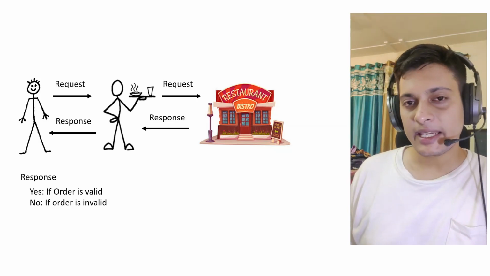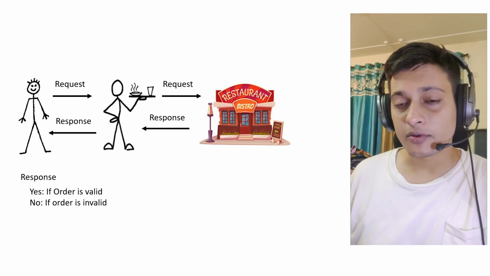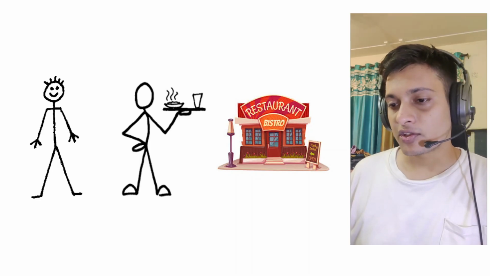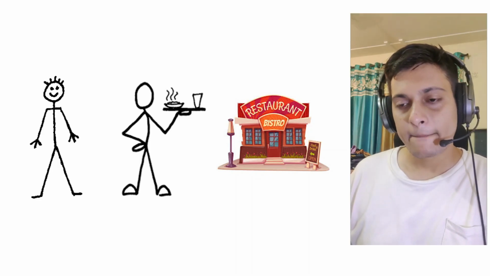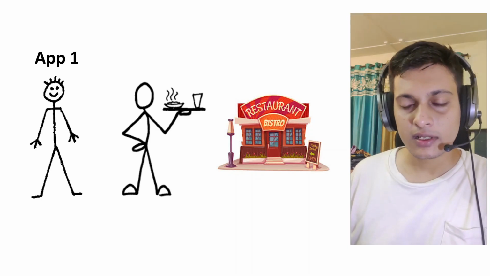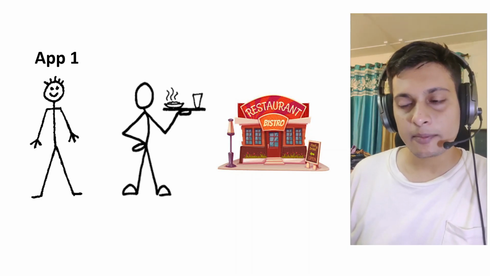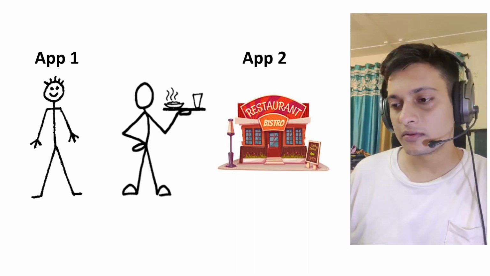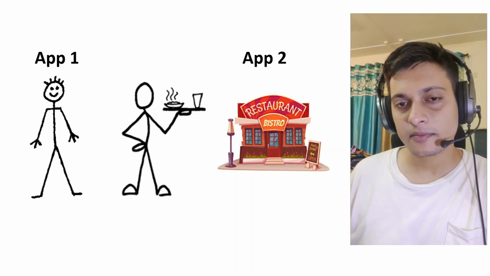So where does the API come into this picture? This is me, this is the restaurant, and this is the waiter. I am application one, let's say your gaming app, and the restaurant is application two, let's say Instagram.